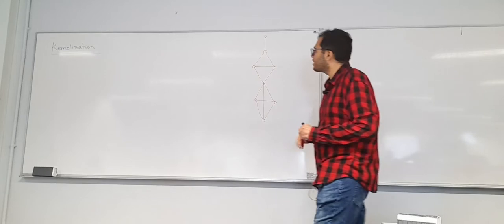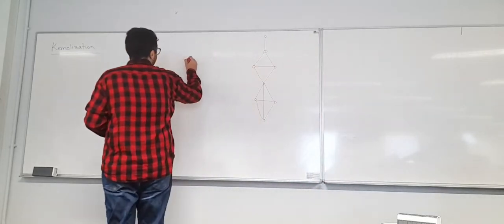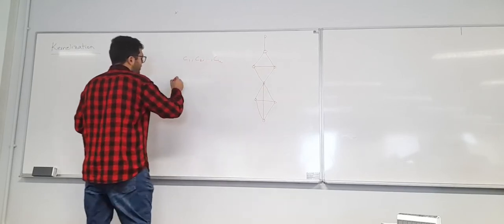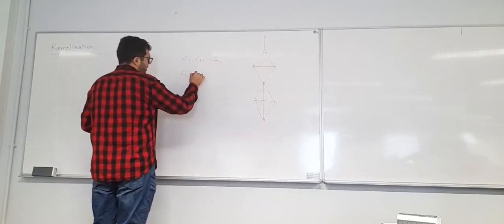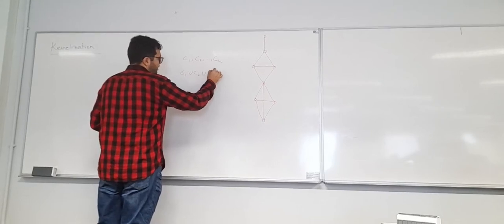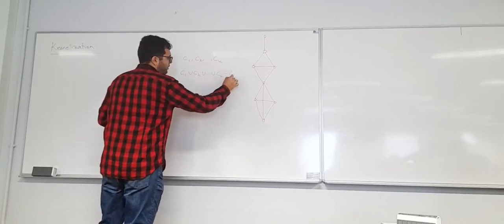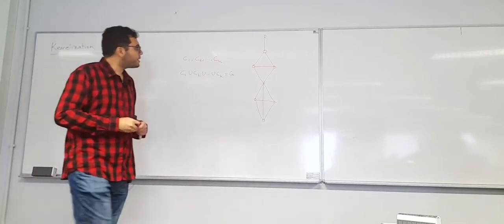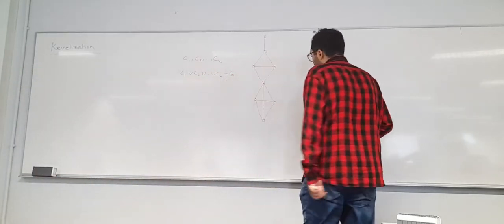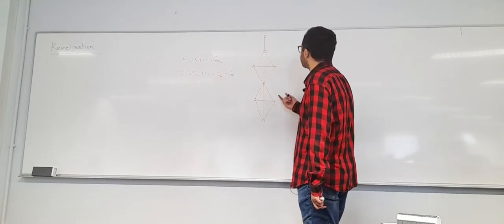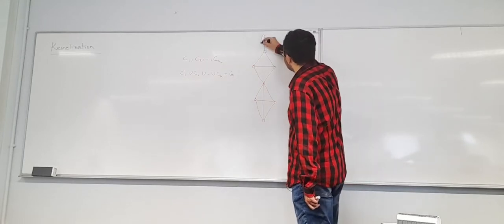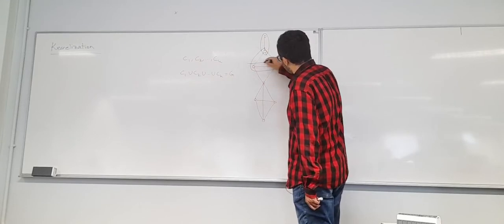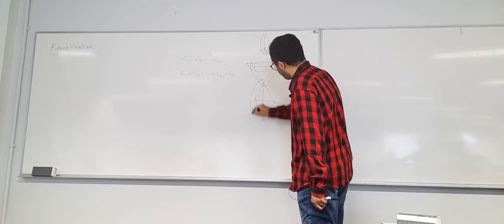So I want some cliques, let's call them C1, C2 to Ck, such that when I take the union of all the edges in these cliques, I get my original graph G. For example, in this case, I can cover this with 4 cliques: this is 1, this is 2, this one is 3, and this is 4.